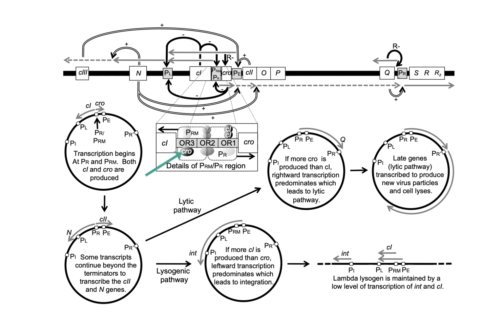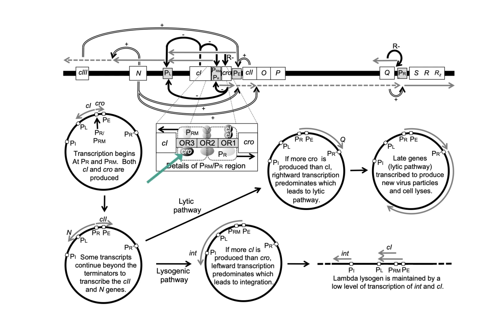So if you have CRO, it binds best to OR3 and a little less to OR2. And C1 forms a dimer and binds best to OR1, a little less to OR2. And so if you have C1, it will block the PR, the rightward promoter, and will inhibit the lytic pathway.